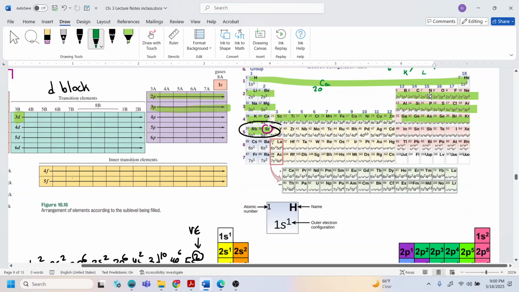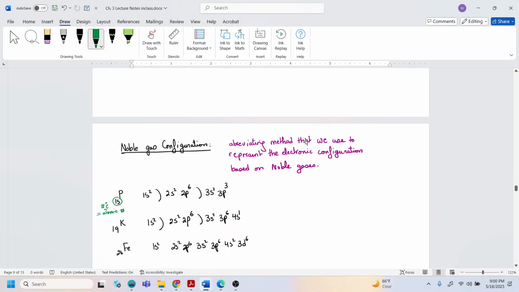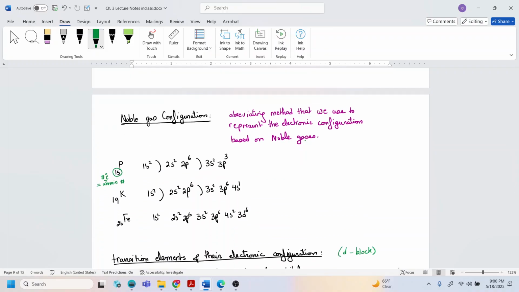The nearest noble gas is neon, and it is 10. So I'm just going to skip all the electronic configuration that is before neon. The first 10 over here is the electronic configuration of neon, Ne.